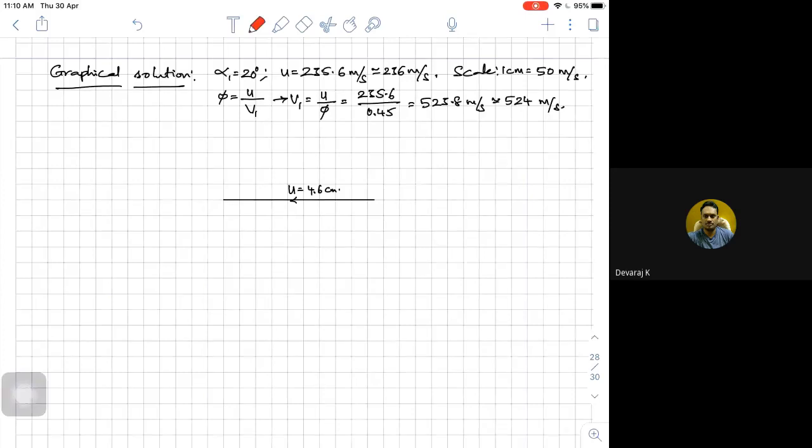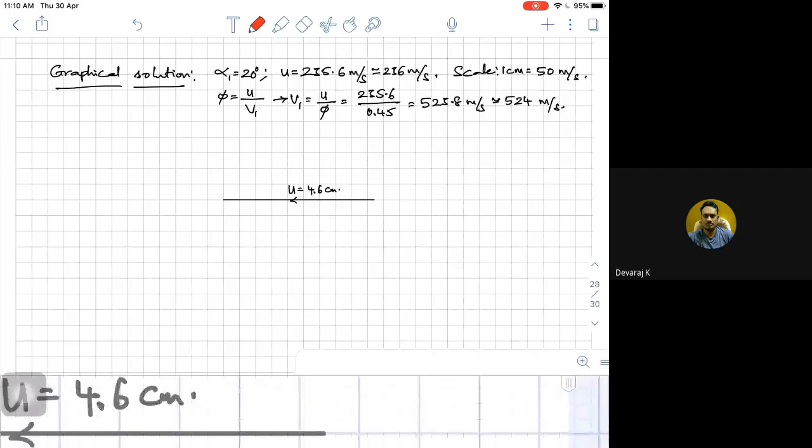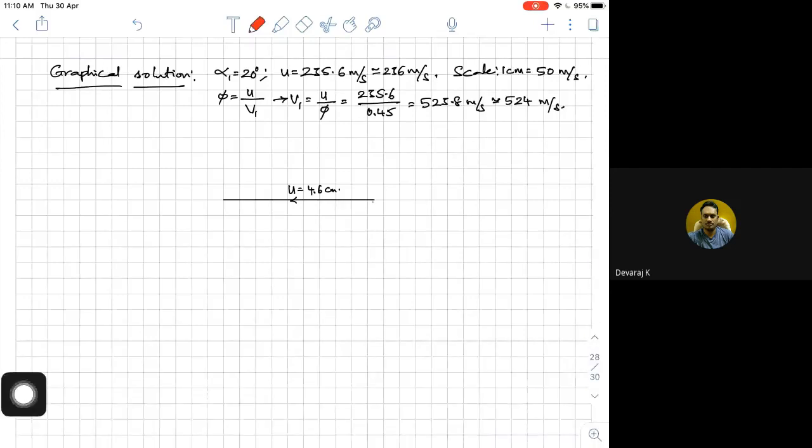So with alpha equal to 20 degrees from the protractor, you draw 10.5 centimeters. Fine.